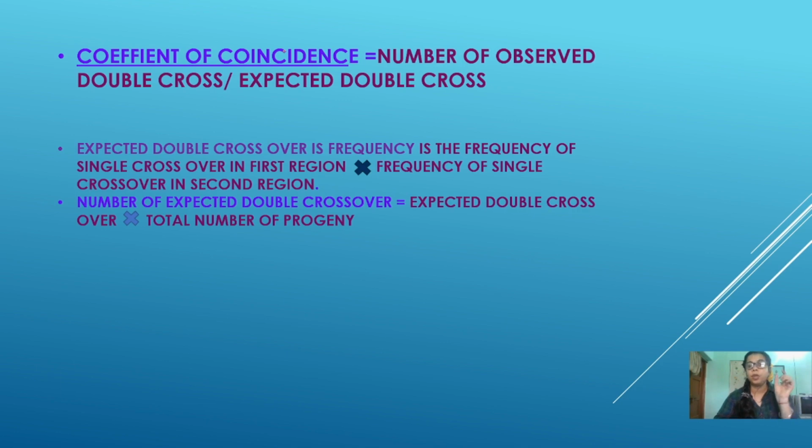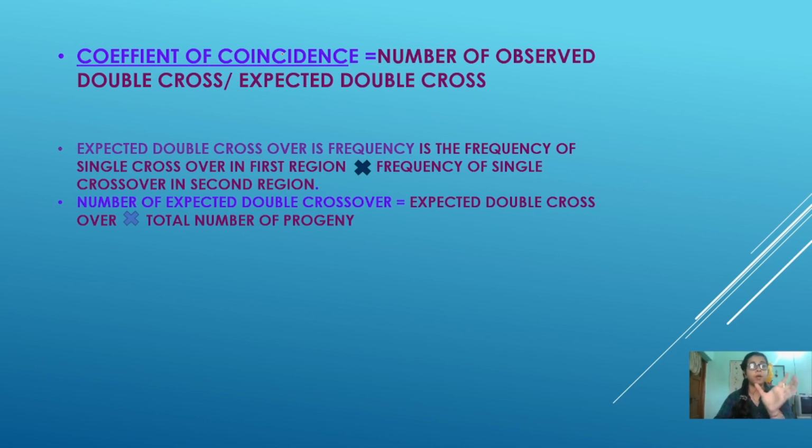First you need to find the frequency of single crossover 1 and single crossover 2. How we will calculate that, we will see in the example, so you can get a clear picture. Then after getting the expected double crossover frequency, you just multiply with the total number of progeny.